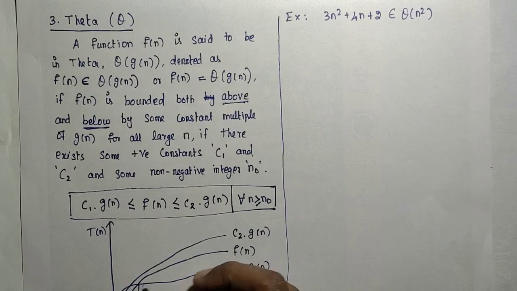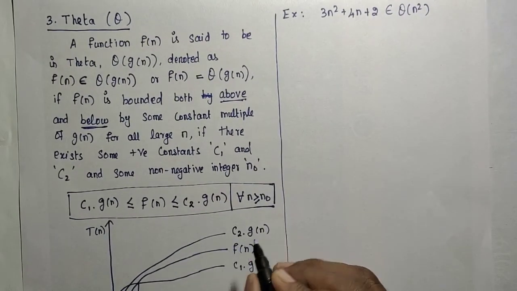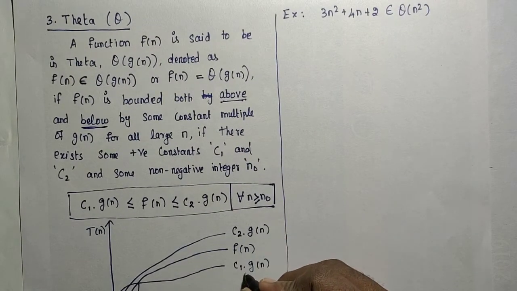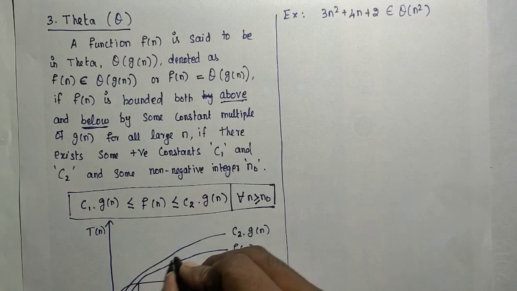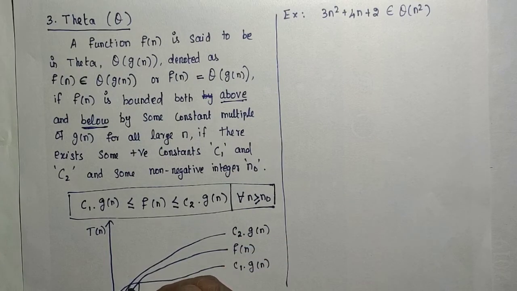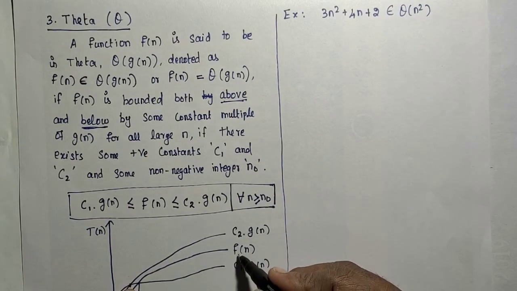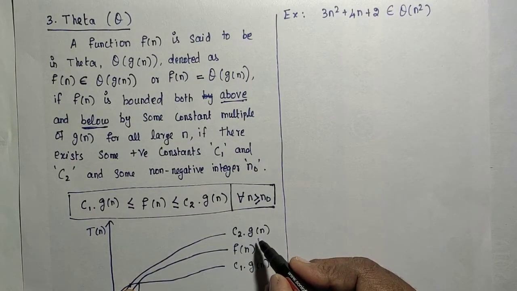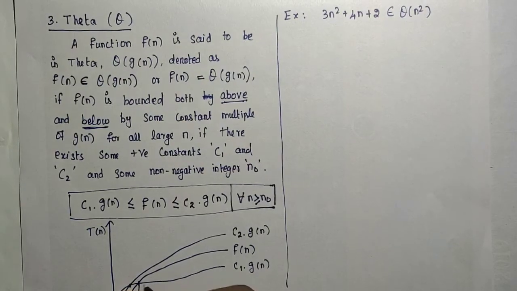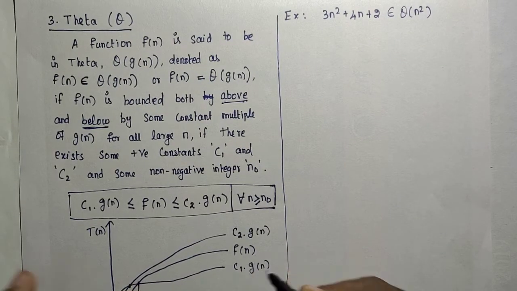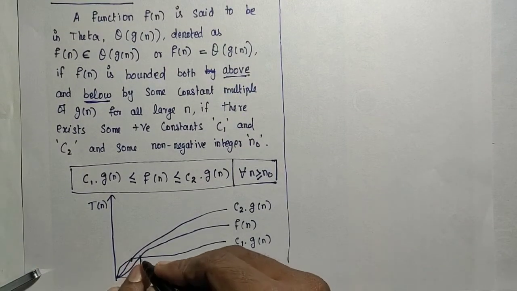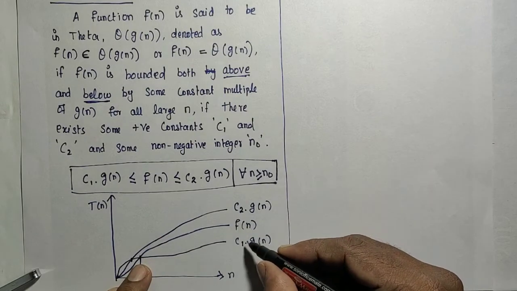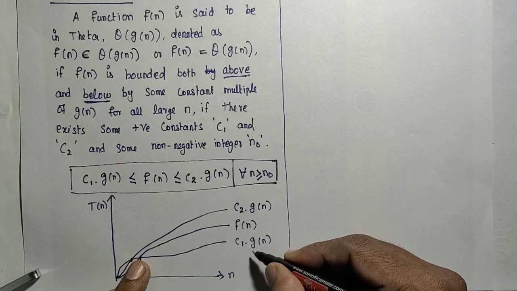Here this is the rate of growth of f of n. The rate of growth of c1 into g of n is this one, and the rate of growth of c2 into g of n is this one. After this point, f of n is less than or equal to c2 into g of n, and after this point, f of n is greater than or equal to c1 into g of n.